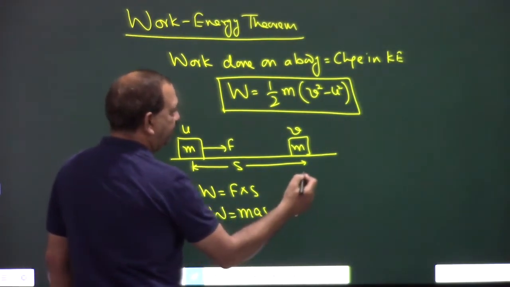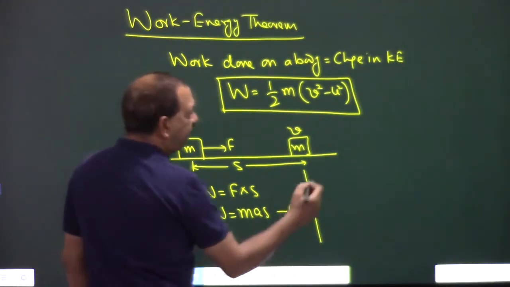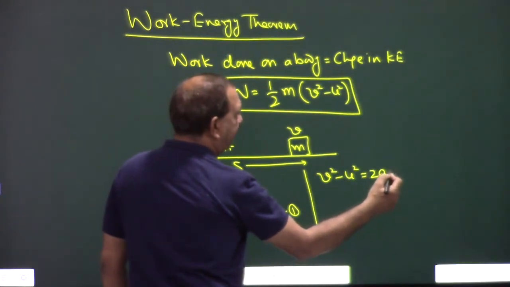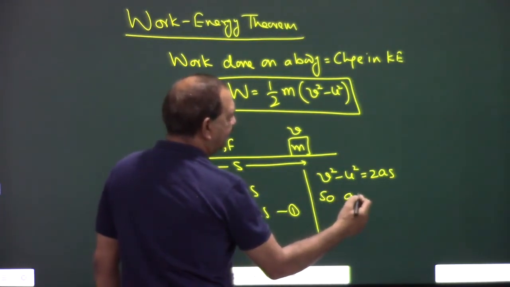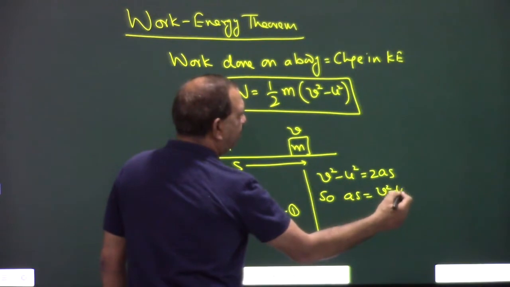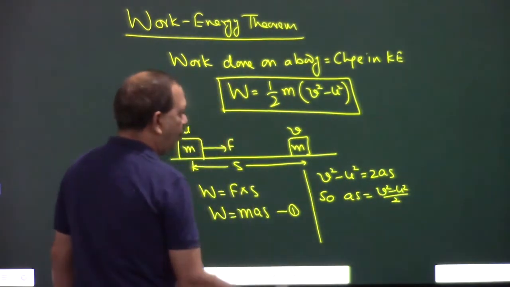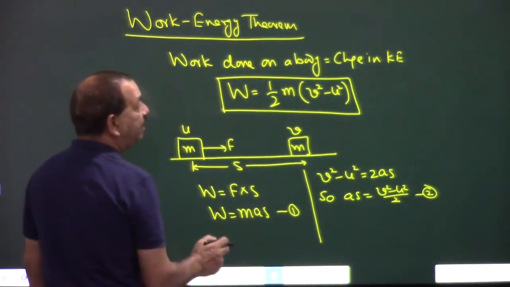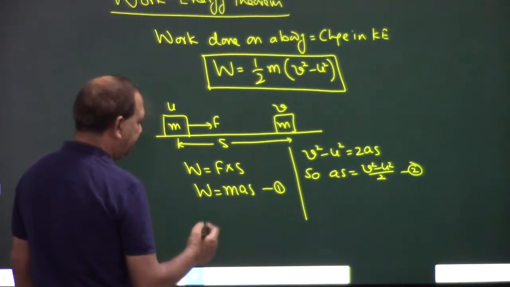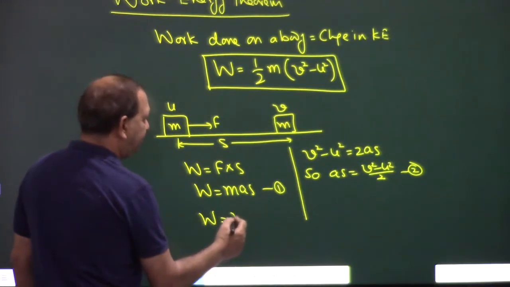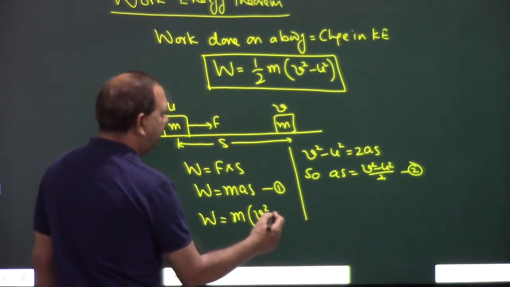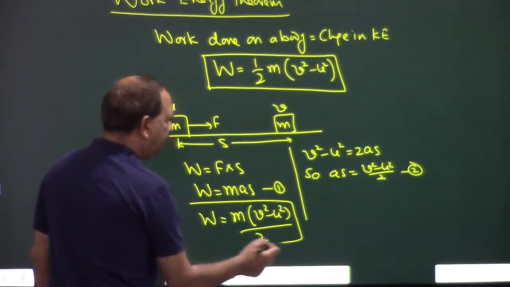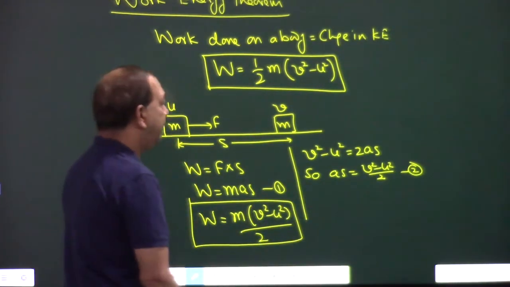Let's mark this equation 1. According to the equation of motion, v square minus u square is equal to 2as. So as is equal to v square minus u square by 2. Let's put this value of as in equation 1. So what I get is m times v square minus u square by 2, and this was our work energy theorem.